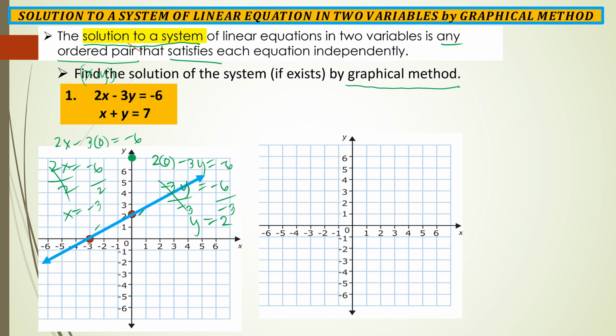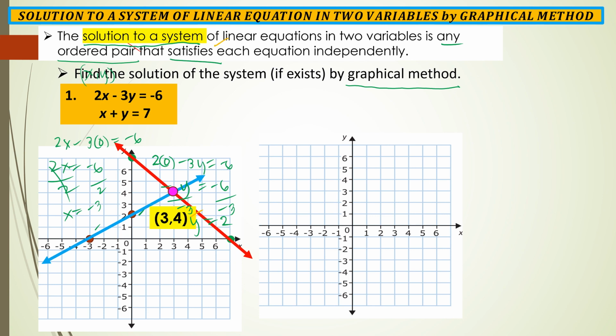And then the second one, through the x and y intercepts, we have plotted x plus y is equal to 7. So at this time, as you have seen, the two graphs are intersecting at this particular point. So if this point is the intersection of the two graphs, then let us see if this is really the solution. When we say solution, it is an ordered pair. So is this really satisfying?